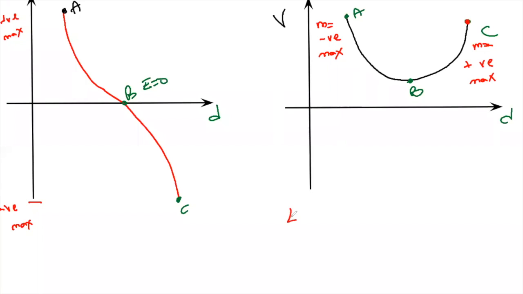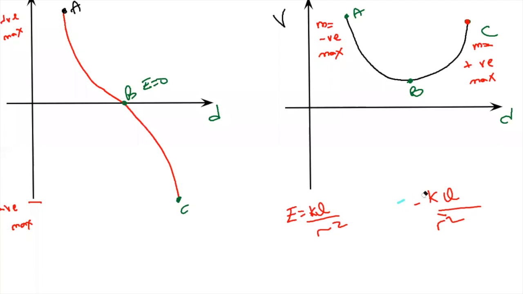So while I can say that E is KQ divided by R squared, I may not be able to say that M is KQ divided by R squared. I think a more appropriate answer is minus KQ divided by R squared.